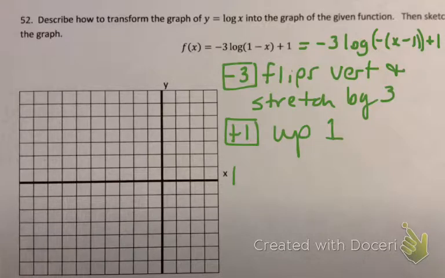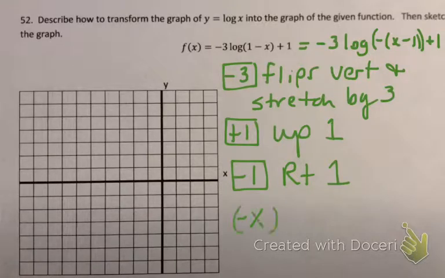So we have a -1 in our newly factored form of the inside, so the graph is going to go to the right 1. So we know we've got to go up 1, right 1, and then flip vertically and stretch by 3. But let's not forget that the x was negative, so we're also going to have a horizontal flip.